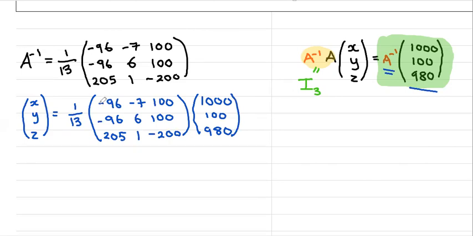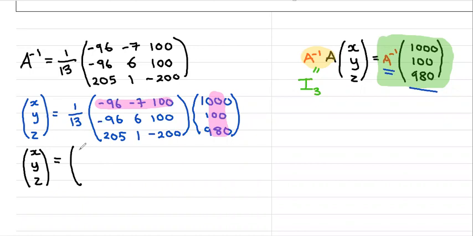Once again, we're going to take the first row, multiply that by the first and only column right there. Let's see what we get for this. So I'm going to just write down what we get. It's quite simple. So we get X, Y, and Z, and our final answers are going to work out very nicely.